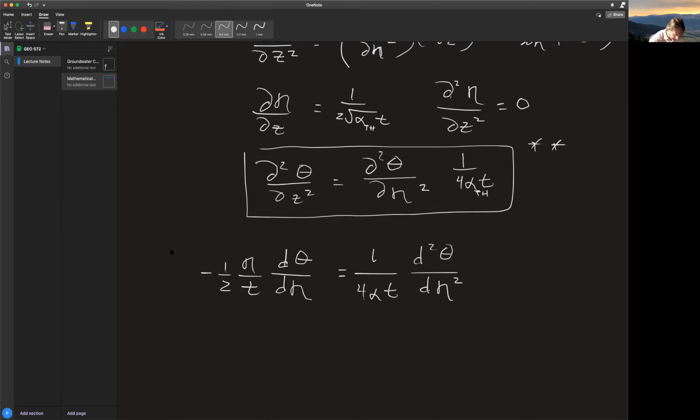I can do some algebra and I get negative eta d theta d eta is equal to 1 over 2 alpha d squared theta d eta squared.